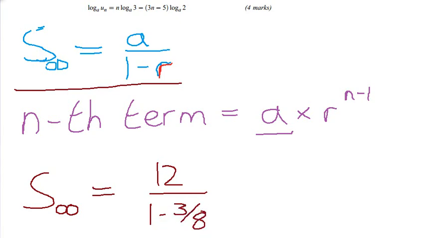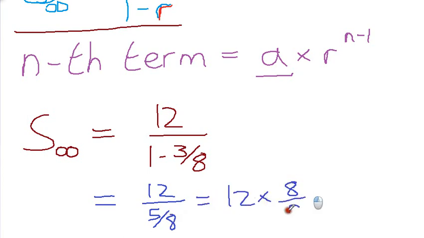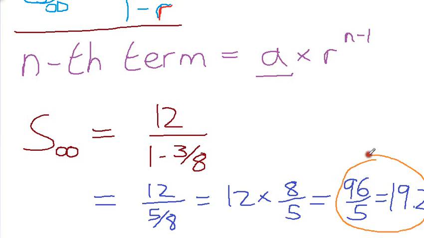You can do that in your calculator, or on paper, however you like. It's going to be 12 over 5 over 8, which is equal to 12 times 8 over 5, which is 96 over 5, which is equal to 19.2. You can write down either of those. Both are correct. So next question.